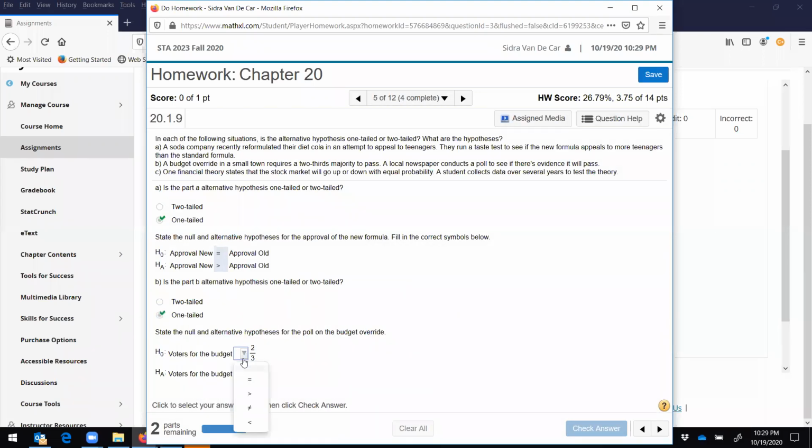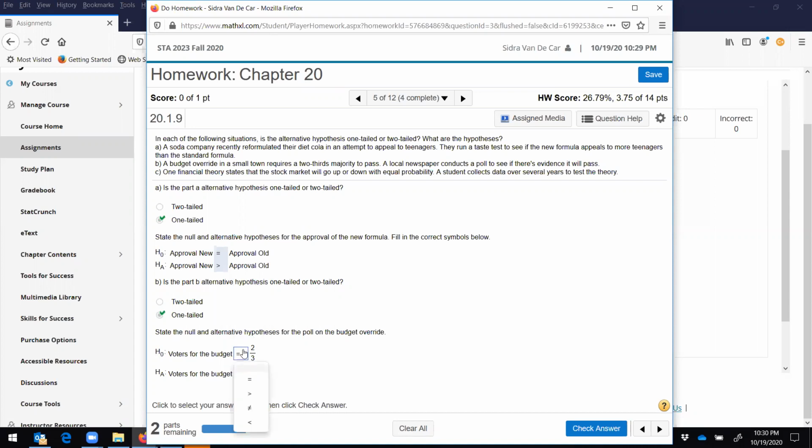All right, so the voters for the budget equal to, or actually is less than. Well, equals, we can always do equals for the null, and then greater than for the alternative. Actually, that should be greater than or equal to, because it passes at 2/3 majority.